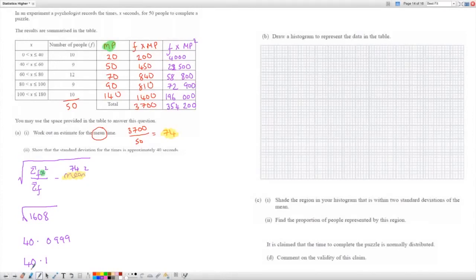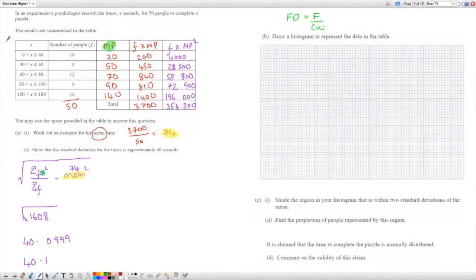We're then asked to draw this information on a histogram to represent what's shown here in our table. So to do that, we're going to need to calculate the frequency density. So taking another colour, we're going to calculate here for our histogram the FD, the frequency density, which is equal to the frequency divided by the class width.